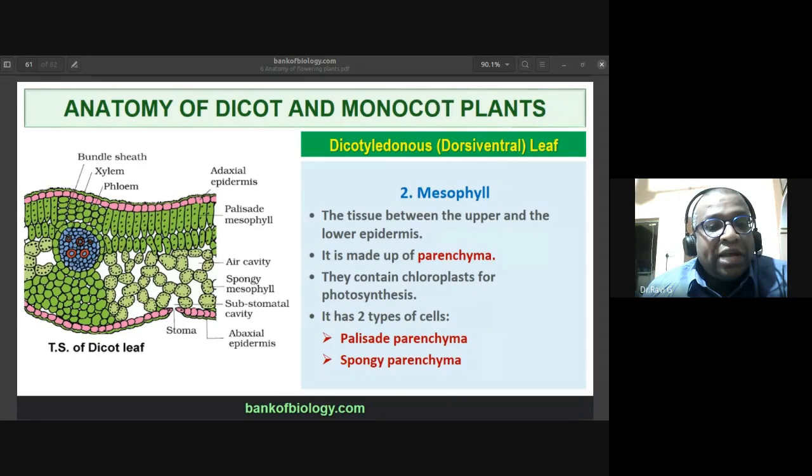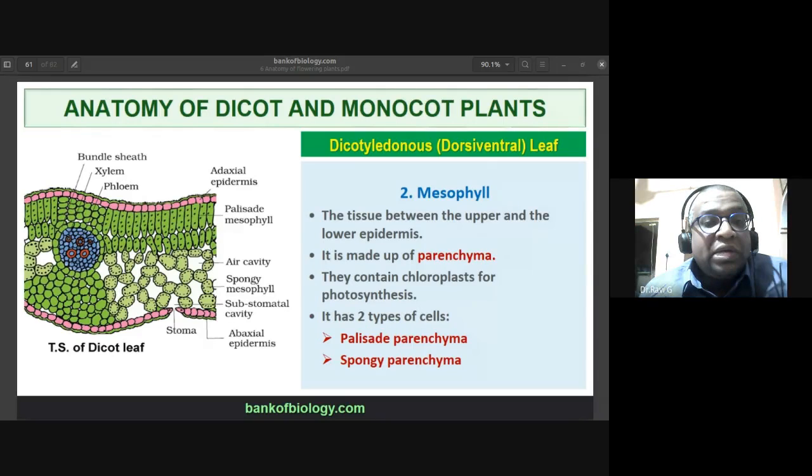It has two types of cells: palisade chlorenchyma, or palisade parenchyma, and spongy parenchyma. Palisade cells are pillar-like cells arranged closely together without intercellular spaces, and they are richly filled with chloroplast.